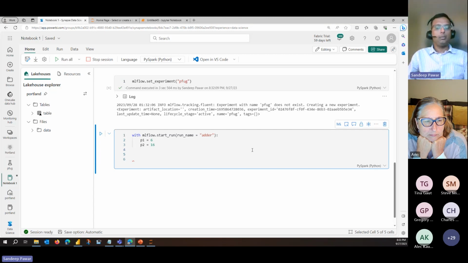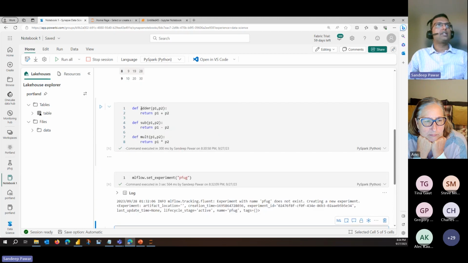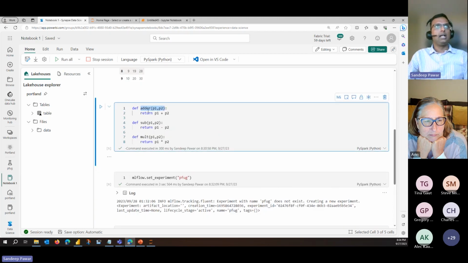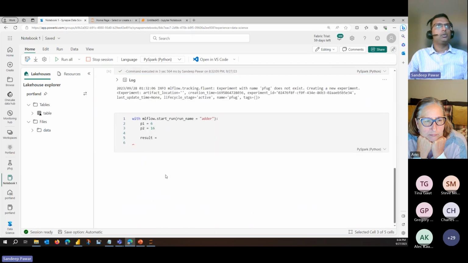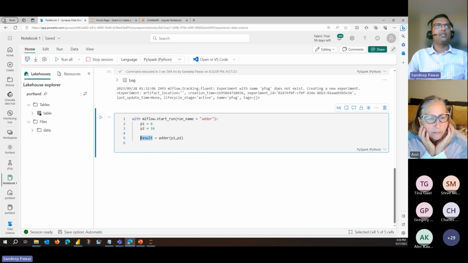But the result that I want to see is this, my first hypothesis: adder is equal to P1 plus P2. So I'll say adder is equal to P1 plus P2, which should result in 16 plus 6 is equal to 22, which is what this result should give me.